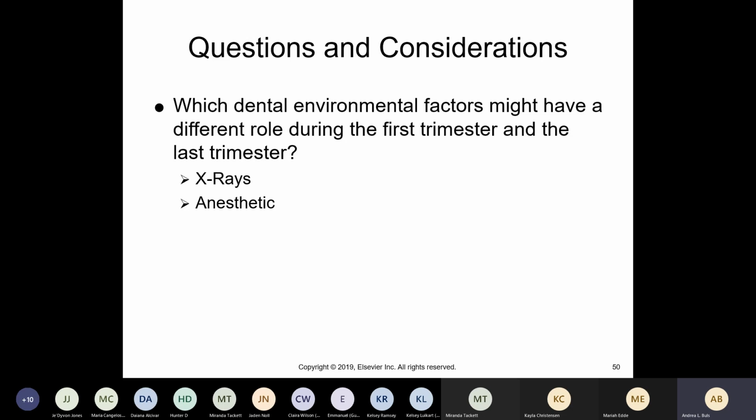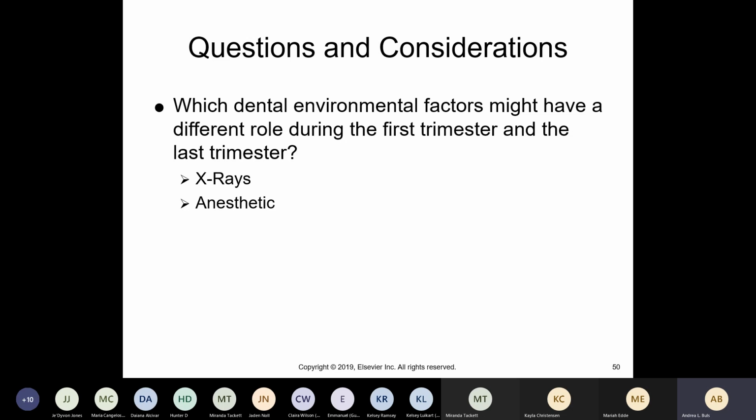We talked about how we're only going to do X-rays if the benefit outweighs the risk. So if you have a patient that is pregnant and has a hot infection going on, we're taking X-rays because that infection could cause more problem and damage for that child that's developing inside of her than that one X-ray if we cover and protect her.